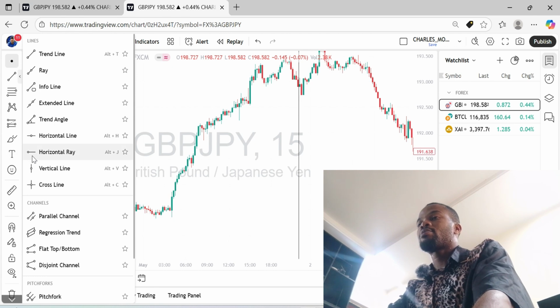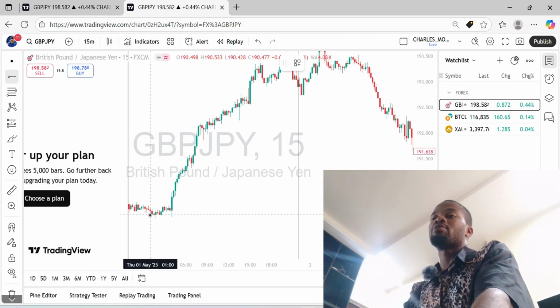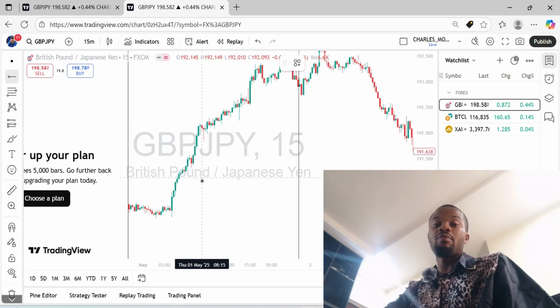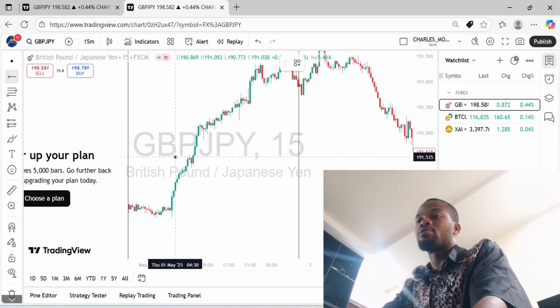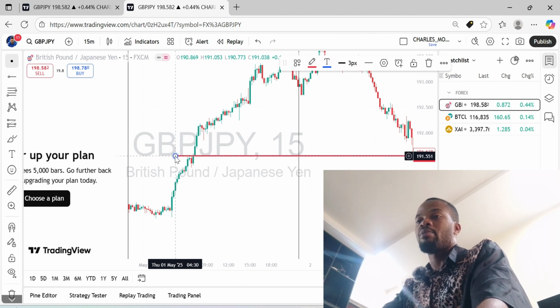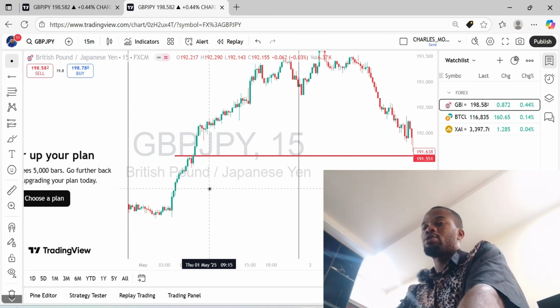So this little retracement I saw here, automatically I will just go to my line, because this is the only line I normally use, this horizontal line or probably my trend line. After the end of this candle, I will just quickly mark out this high here. Why? Just for me to set a trap for the market.